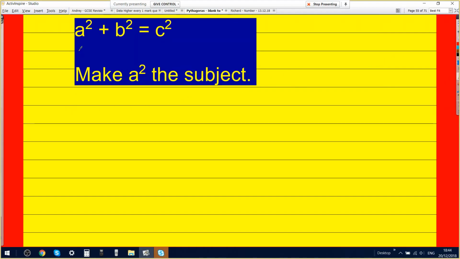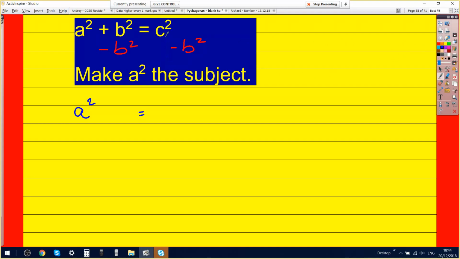How would you get a squared equals? You have a squared plus b squared. You want just a squared, and so you take away b squared.